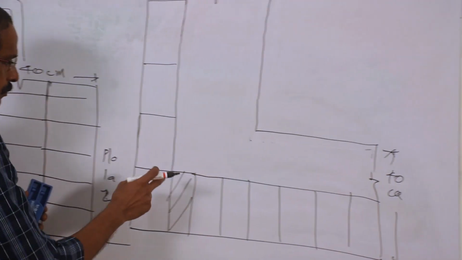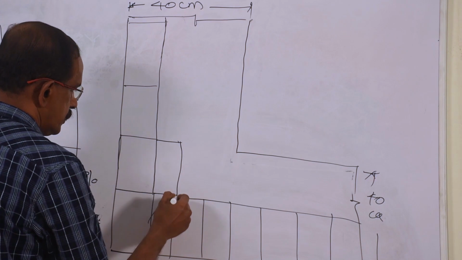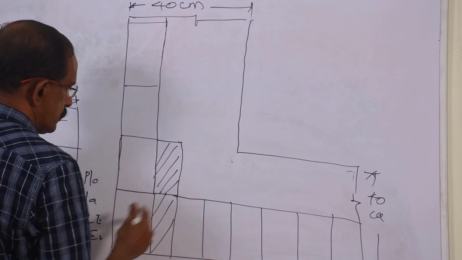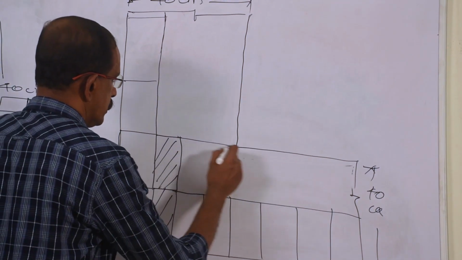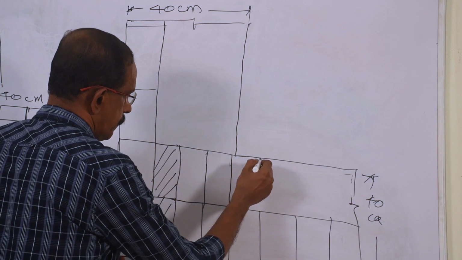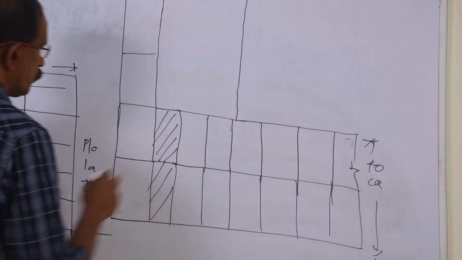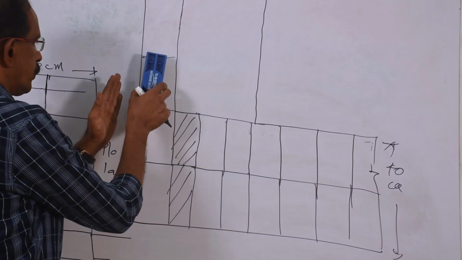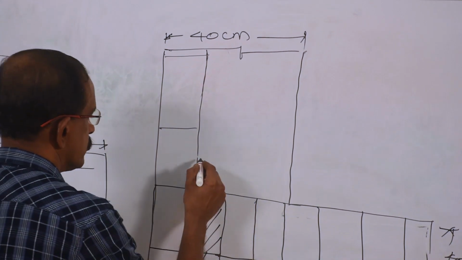Now second step, make the queen closer for required width. Here the width, thickness is 40 centimeter. So the remaining is easy. So already one brick is like this. So how to make it 40? Keep one more brick like this. Okay, that side is over. This side, how to make it 40? Already one brick is like this. So keep two bricks like this and one brick like this.